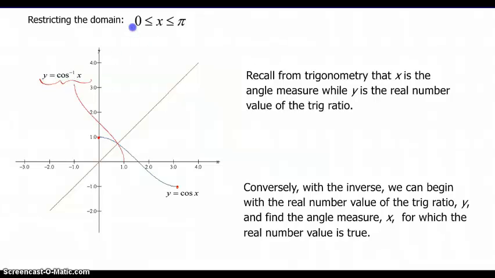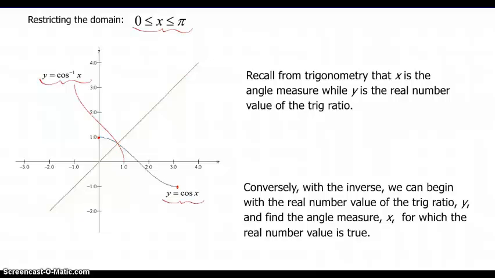Now, cosine inverse has a domain and range issue that are, remember, connected to cosine. So recall from trig that x is the angle measure, and y is the real number value of the trig ratio of the adjacent side over the hypotenuse, specifically in cosine.